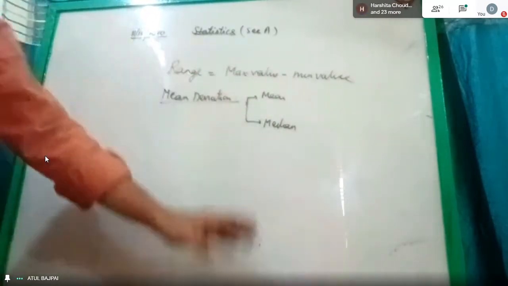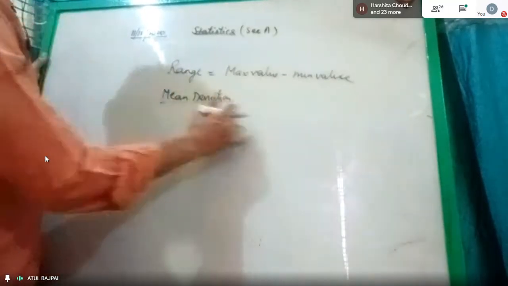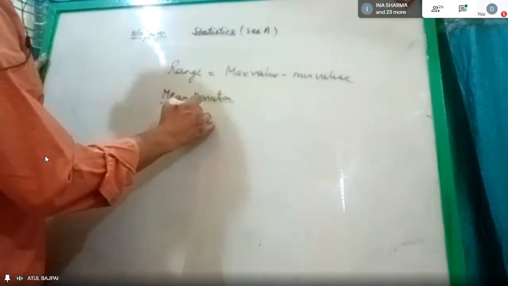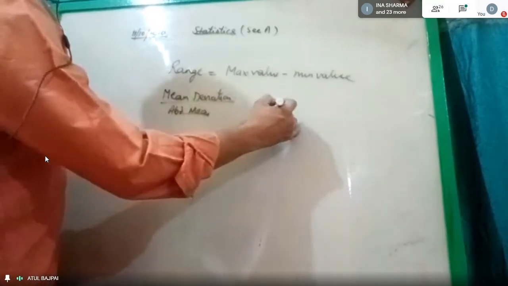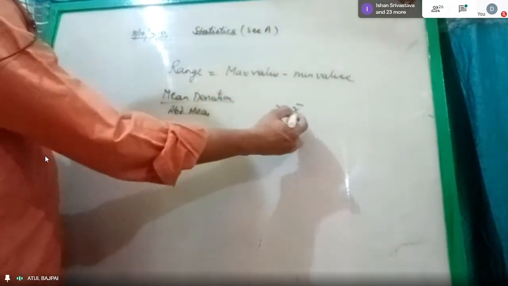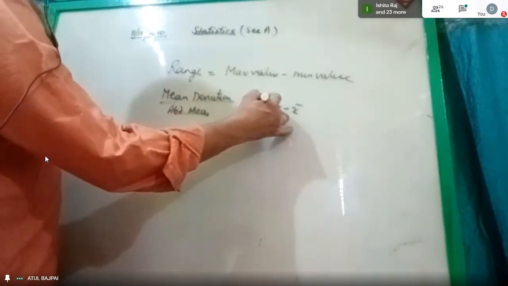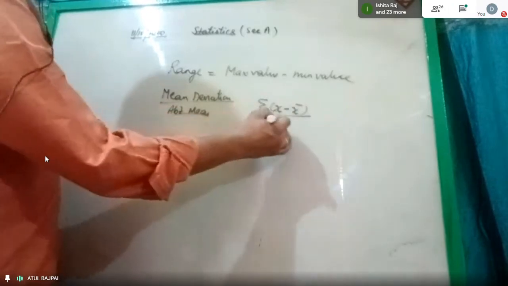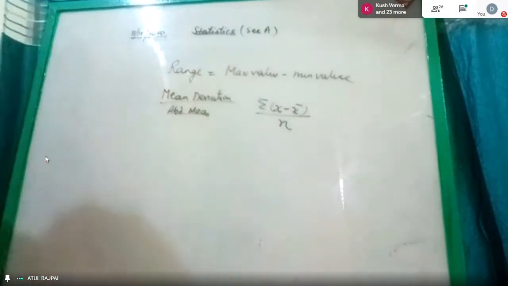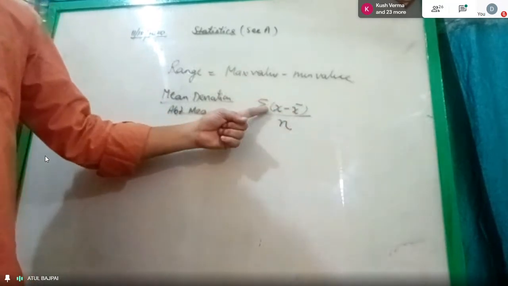Simple way of learning. Now, as per the case, when I say mean deviation about mean, what I mean is I will find how my value is deviating from the mean value, and the sum of all these values divided by how many observations are there. X bar is mean, X is our values.